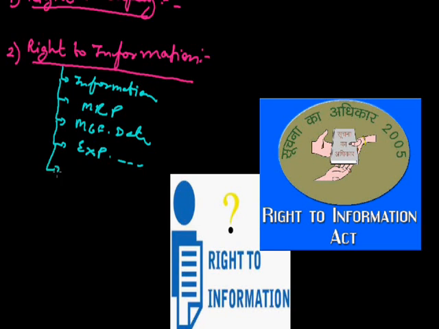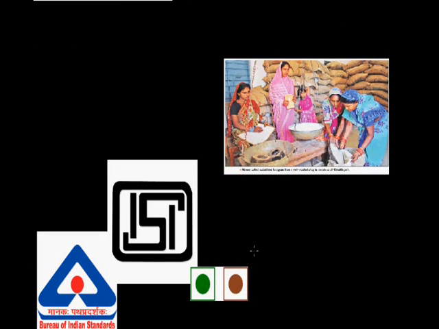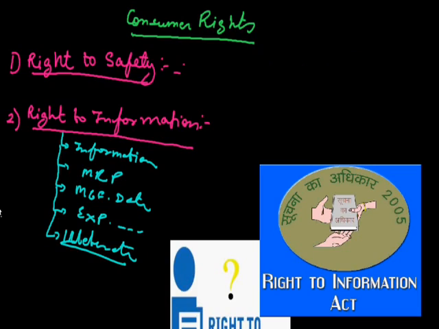If a person is illiterate, then he also gets information through this symbol, where green means a product is totally veg and brown color means a product is made up of non-veg ingredients.